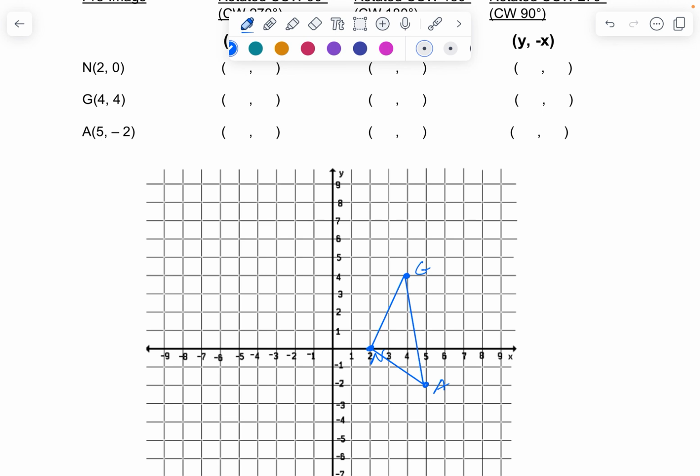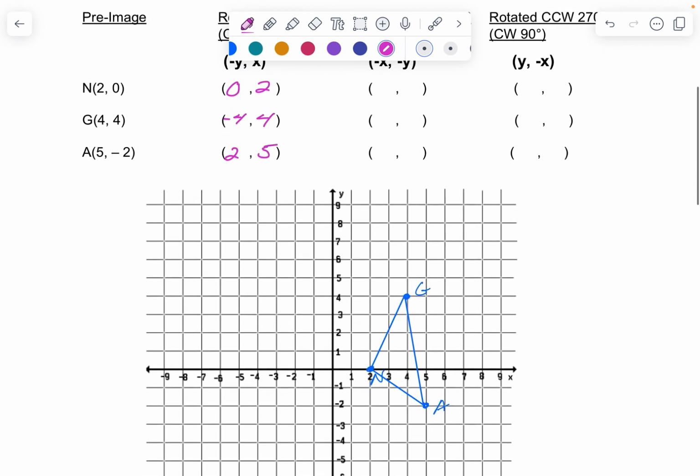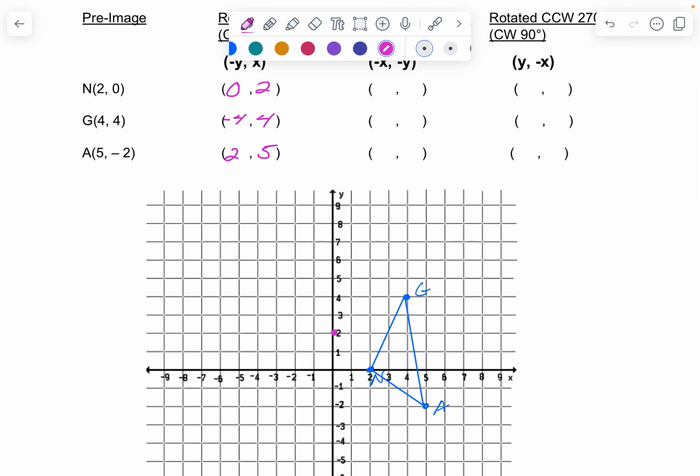So that's our original. Now we want to rotate it 90 degrees counterclockwise. So we're rotating it 90 degrees, like from there to there, okay? So my new points are going to be, we flip them. The first one is the opposite sign. The only one we really see it with is this last one. So let's graph (0, 2), that's my, we'll call it N prime.